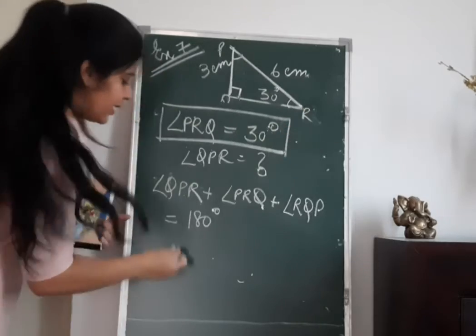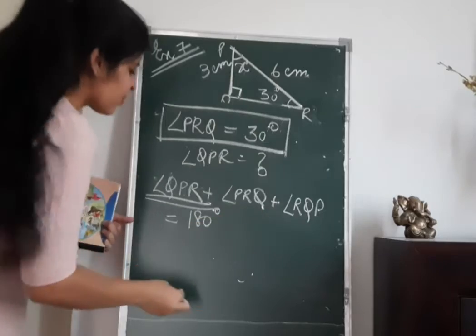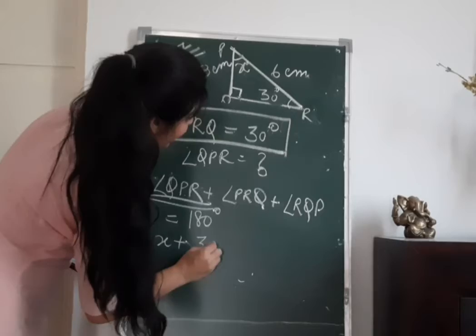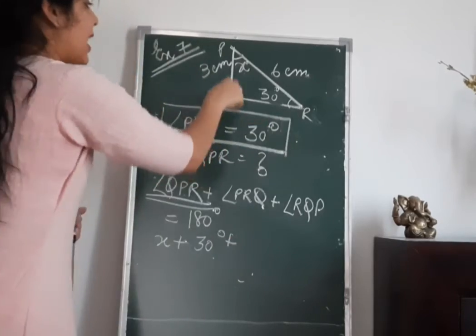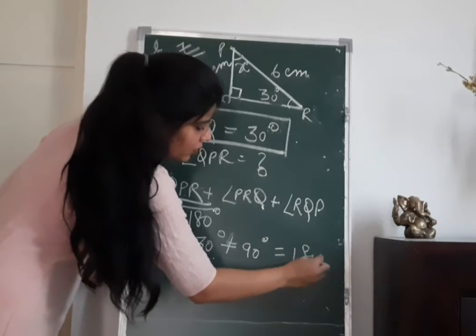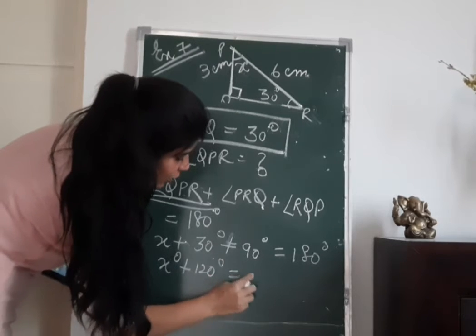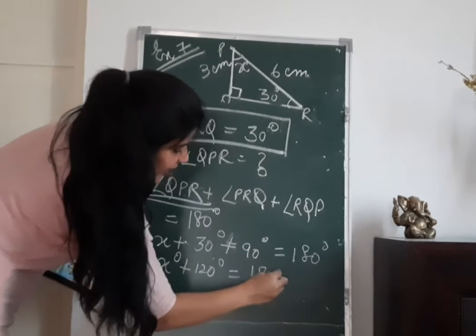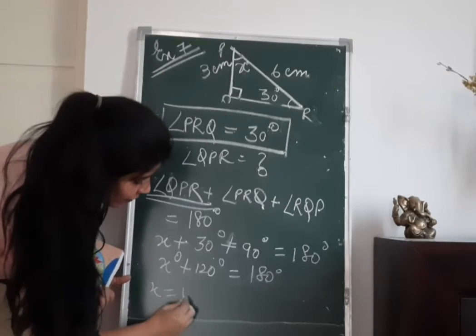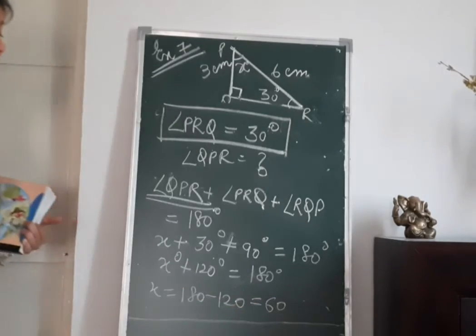QPR is what we need to find out. So let us say angle QPR is x degree. So x plus PRQ, which is 30 degree, and RQP, which is 90 degree, is supposed to be equal to 180 degree. So x degree plus 120 degree is equal to 180 degree, right? So x is equal to 180 minus 120, that is equal to 60.